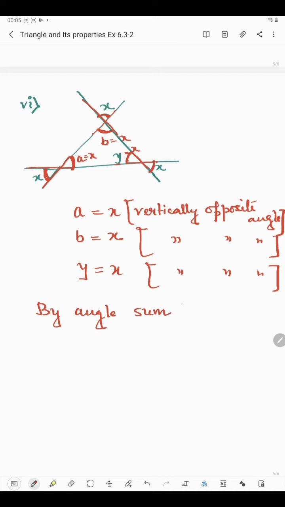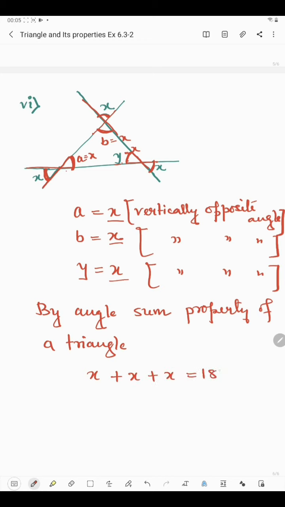So we'll write by angle sum property of a triangle, here the three angles, we have got x, x and x. So x plus x plus x is equal to 180 degree.